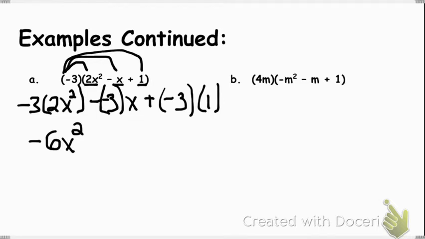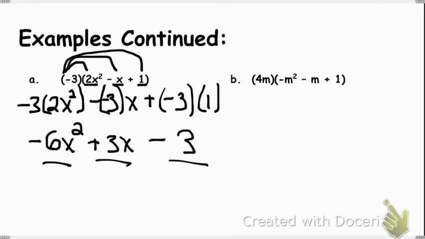So I can just do plus 3x. And then the last one, I have negative 3 times 1, so that's going to give me plus negative 3. Again, remembering back to integers, instead of plus a negative, we can just subtract a positive, so leave it as minus 3. That's our final answer because these are not like terms, so we can't simplify it anymore.